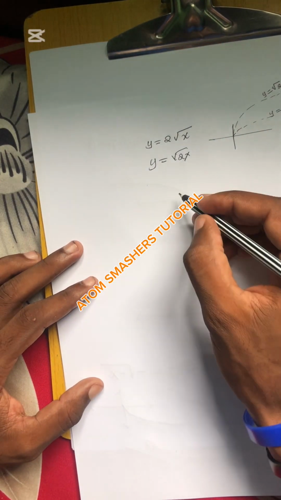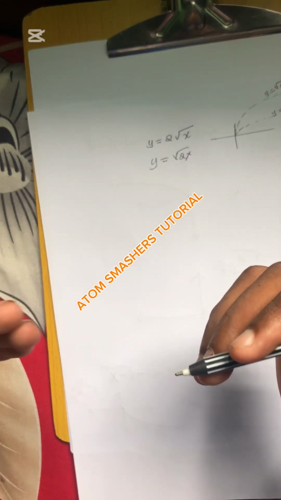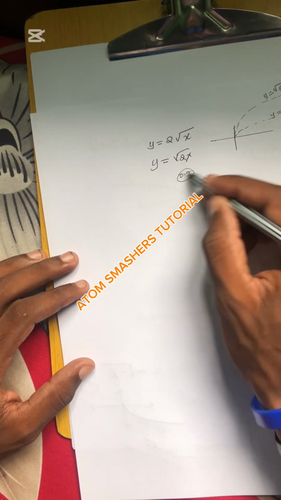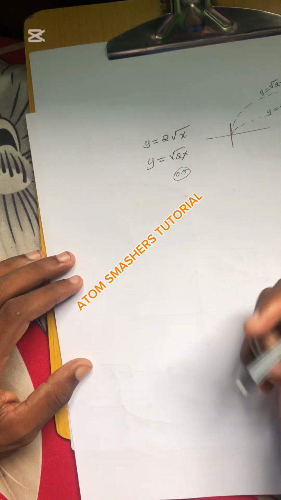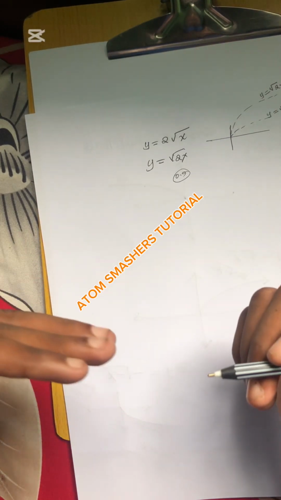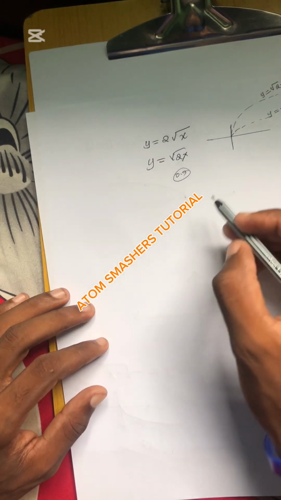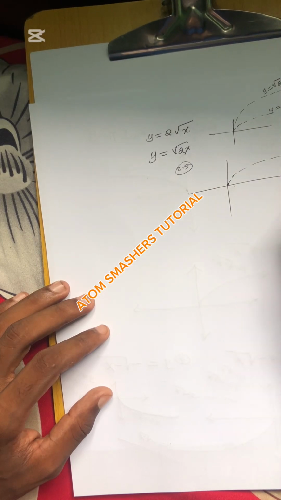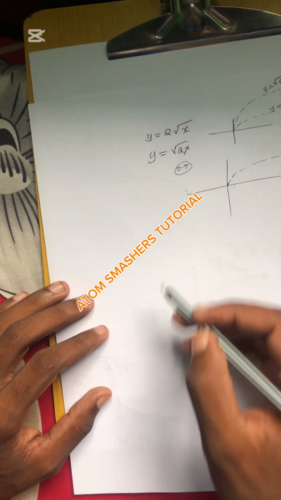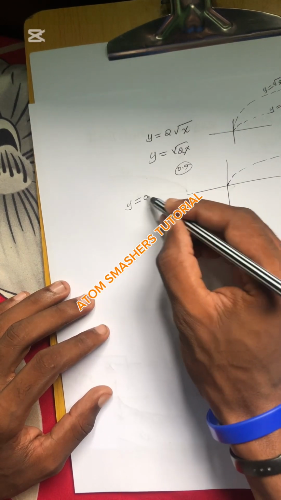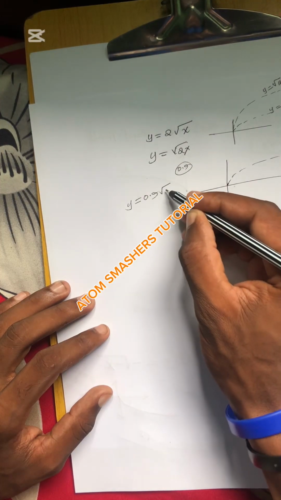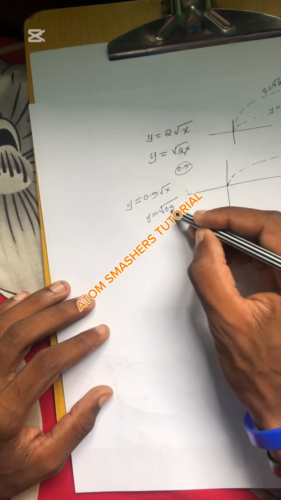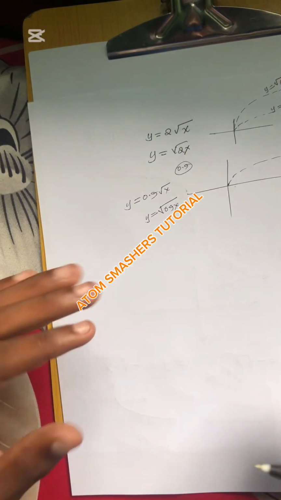And if the number is below 1, say 0.9, the graph will just get smaller or thinner. Instead of the general graph, if it was y is equal to the root of 0.9x, the graph will just get smaller.